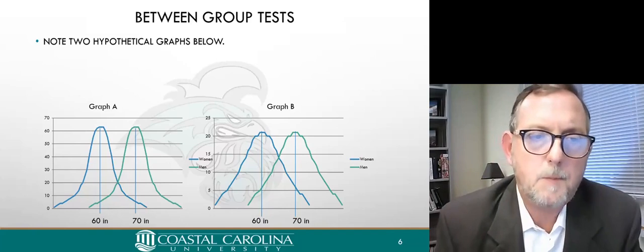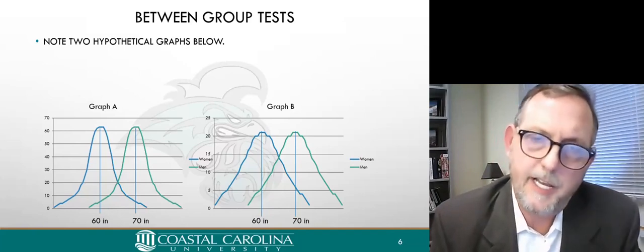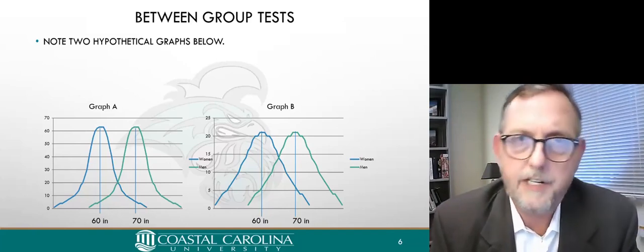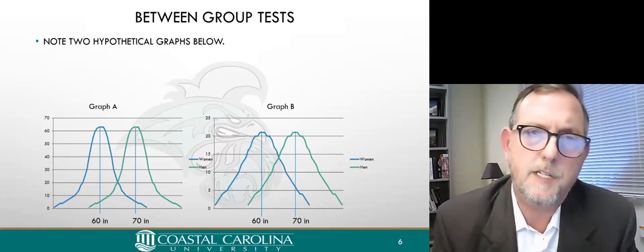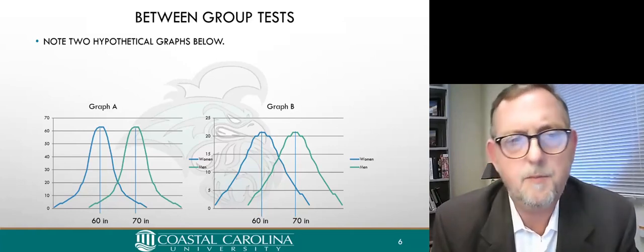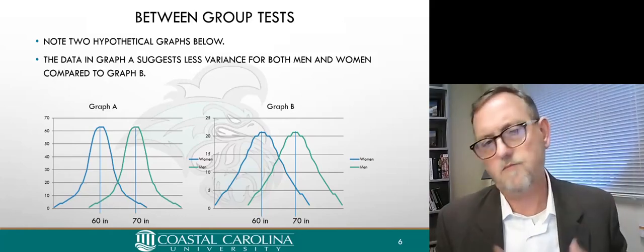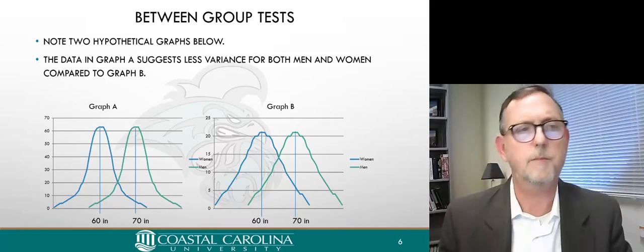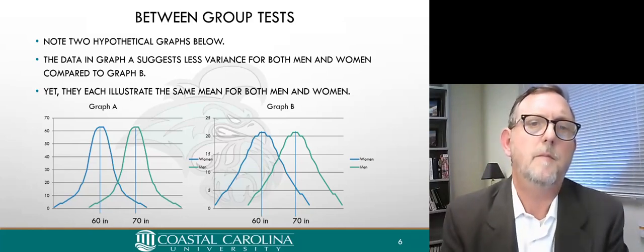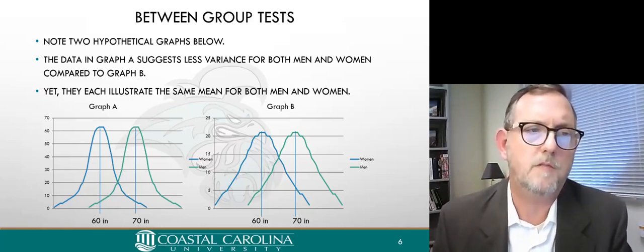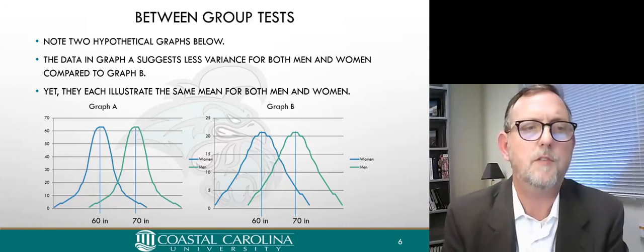I'm going to see that in each case, the mean for each of these draws will be 60 for the women and then 70 for the men on their height. Now again, these are just two hypothetical distributions or samples, right? And now we want to just compare and take a look at both of them.